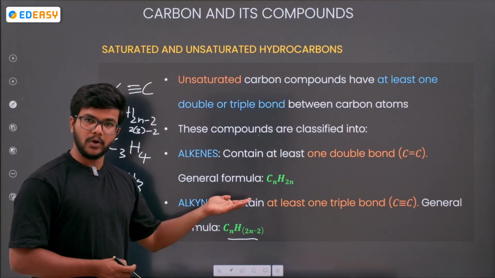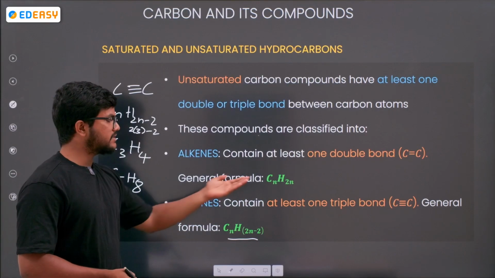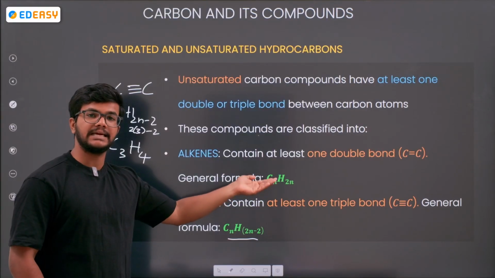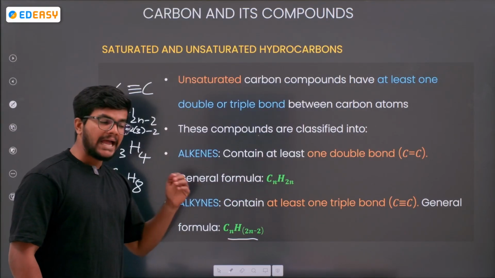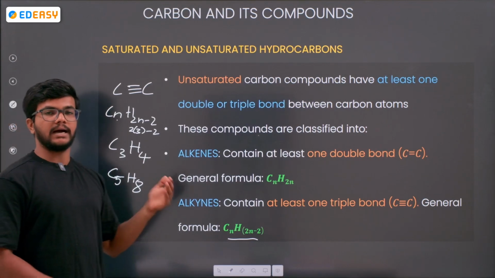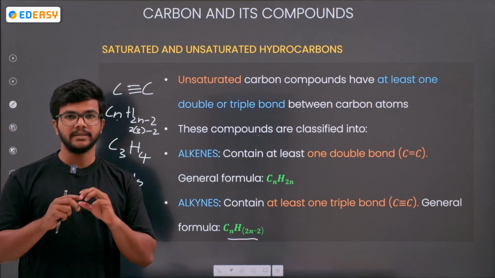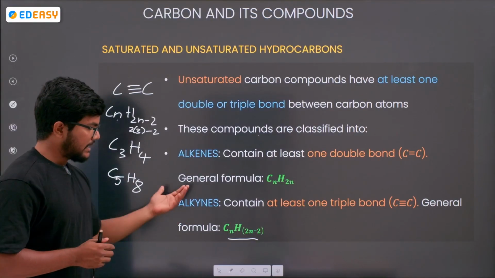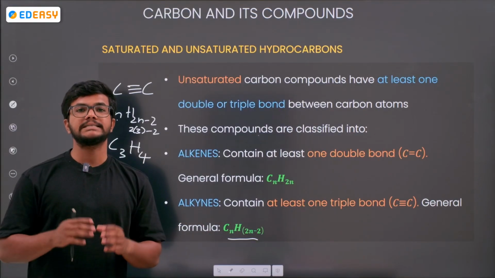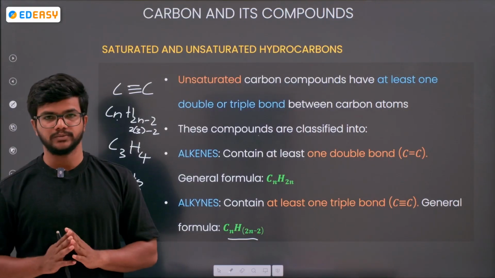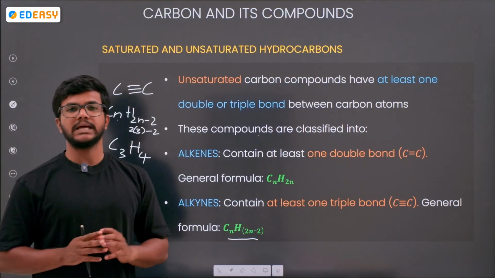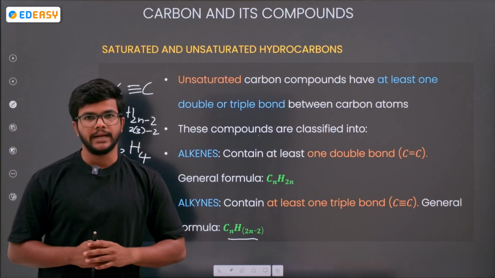Carbon-carbon double bond is called alkenes, and the general formula is CnH2n. Alkynes are triple bonded carbons, and the general formula is CnH2n minus 2. Hope you understand about saturated and unsaturated hydrocarbons.